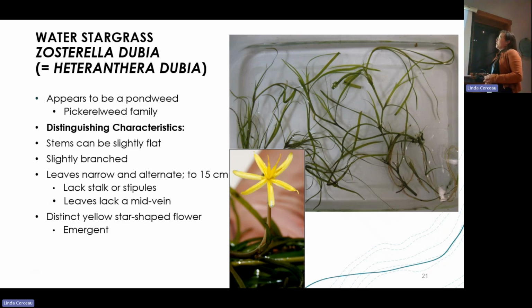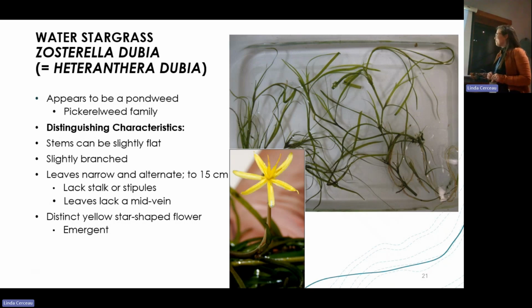This one produces a yellow flower. In my time, I have only seen it flower 2 times in New Jersey, so it's very rare to see that. So if you're one of the lucky few who gets to see that, take a picture.